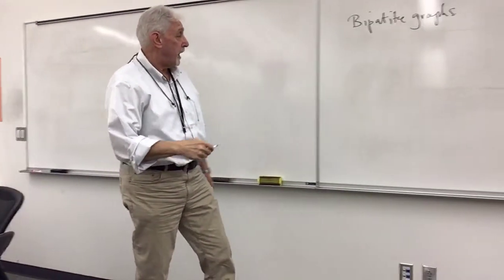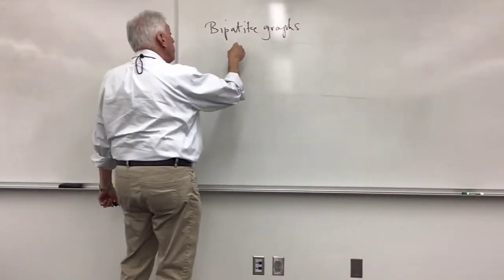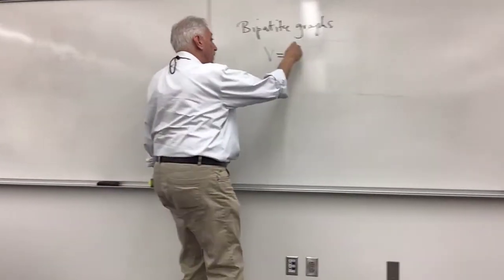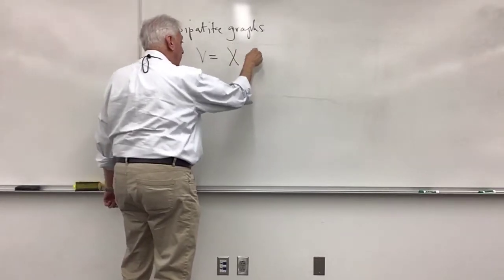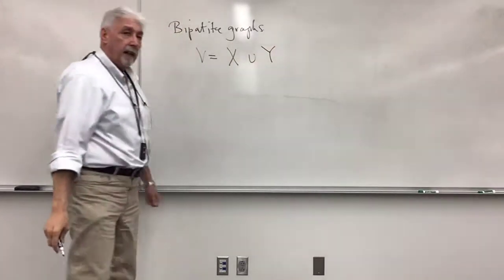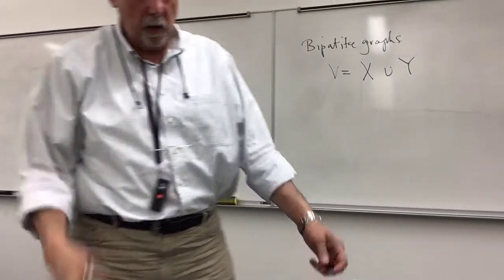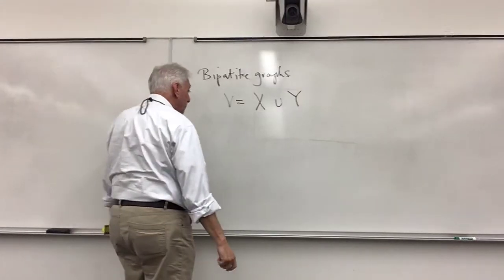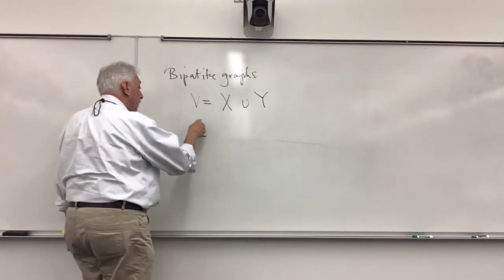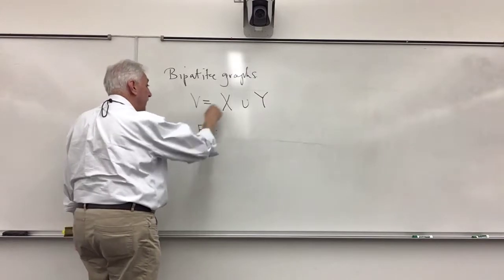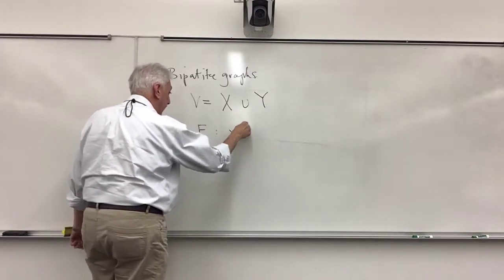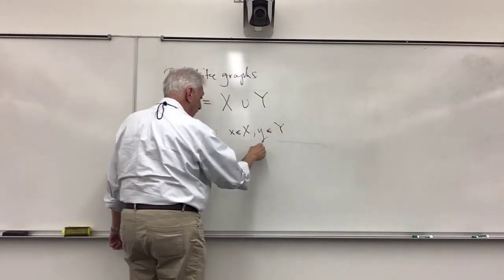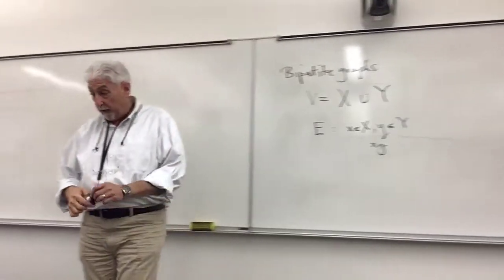A graph is bipartite if the vertices can be partitioned into two sets, let's say X and Y, and it's a partition, so no vertex is in more than one of these sets, and every vertex is in at least one. And the edges are a subset of the pairs XY.